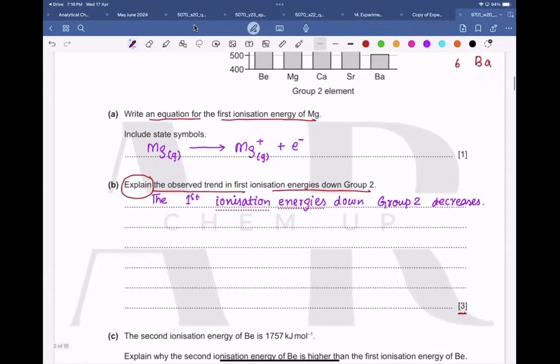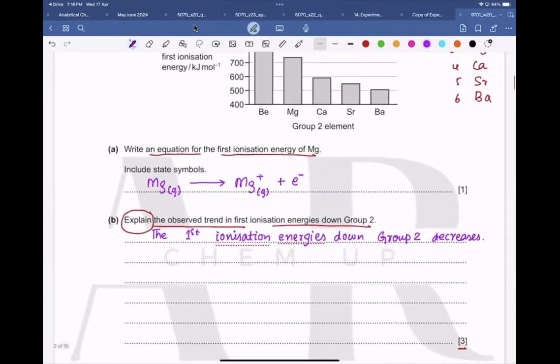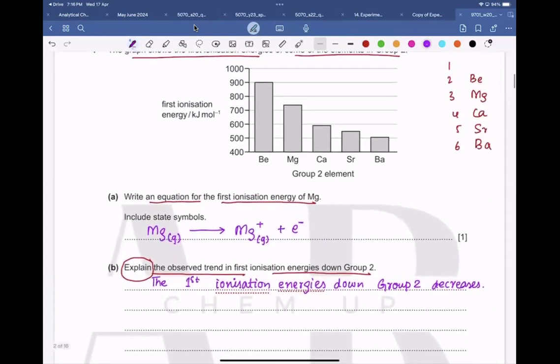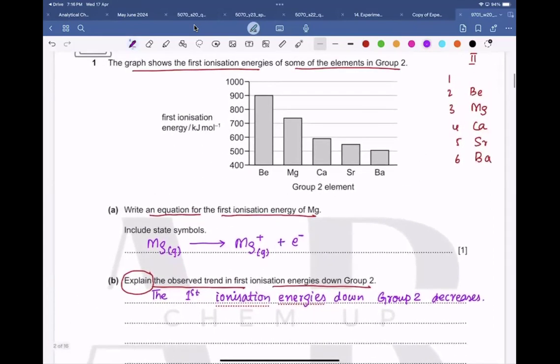So the first point, we know as we move down the group, what happens? If this is of this size, beryllium, then magnesium has this size, calcium has this size, strontium has even bigger size, and barium has still even more bigger size. So the size is increasing. Yeah, Khatija, you are right, increase in shielding. But why the shielding is increasing?